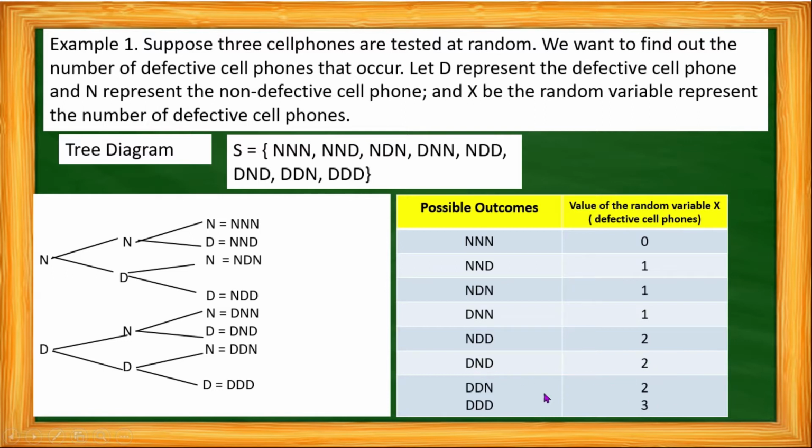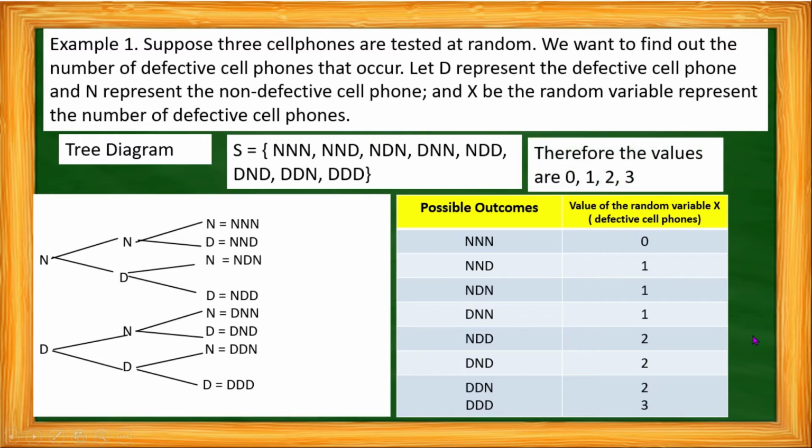The seventh, 2 defective, and the eighth result is 3 because there are 3 defective cell phones. So therefore, the values are 0, 1, 2, 3.